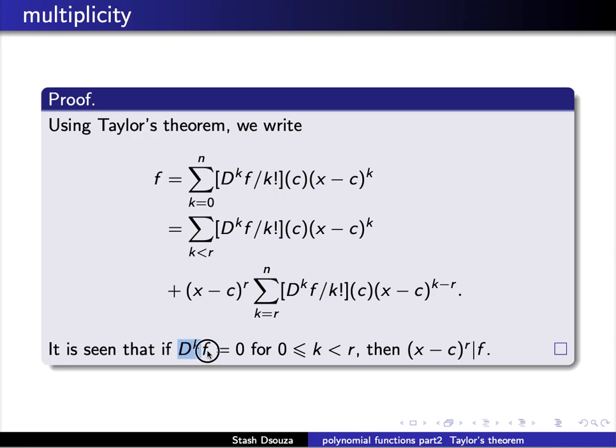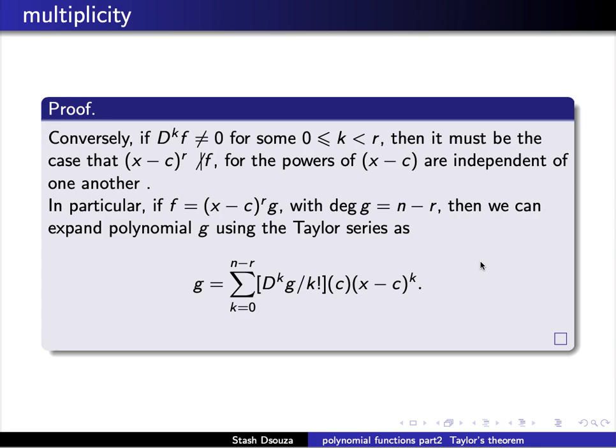If and only if this condition is met, that the kth derivative of f for k less than r vanishes. Conversely, if the kth derivative of f is non-zero for some k strictly less than r, then it must be the case that x minus c to the power r does not divide f.